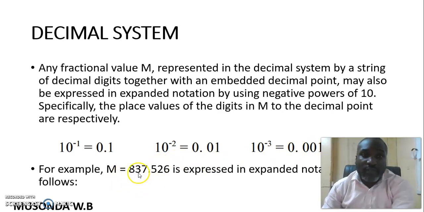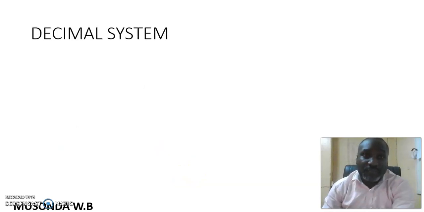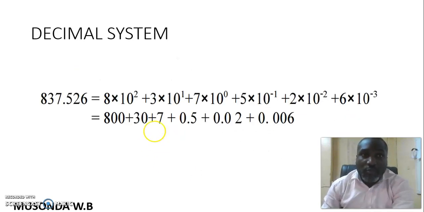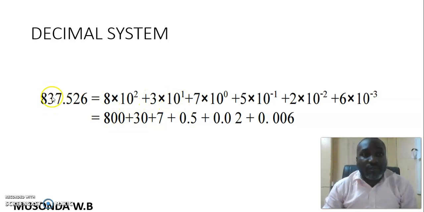Now, for example, if we have a number, let's say 837.256, and we are asked to expand it as a notation, then it will be something like this. We're going to have the first part, which is the integral part, and then we have the fractional part here. So the integral part will be 8 times 10 to the power 2, then 3 times 10 to the power 1, and 7 times 10 to the power 0 there.